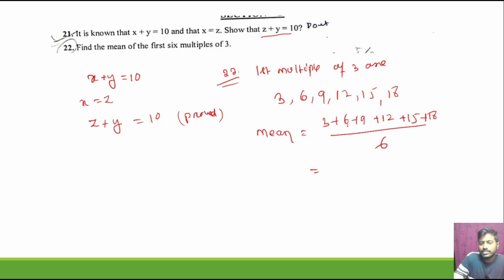Now add these numbers: 6 plus 3 is 9, plus 9 is 18, plus 12 is 30, plus 15 is 45, plus 18 is 63. So 63 divided by 6 is 10 whole 1 by 2, or we can write 10.5.